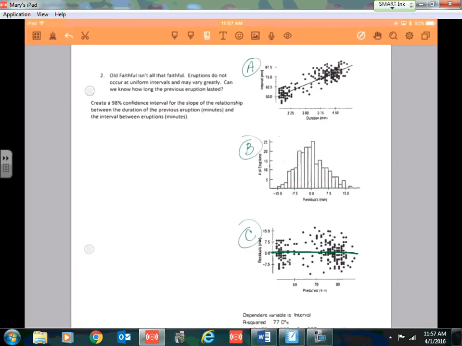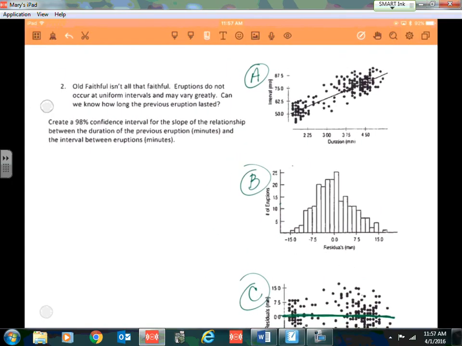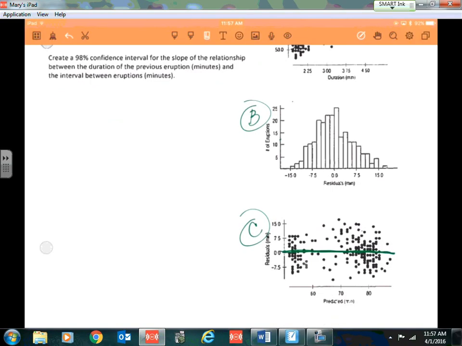So on page 21, let's just kind of look real quickly. What condition are you going to reference A for? It is a graph of x against y. Linearity, good. So A will be used for linearity. B, let's go to C. C is the residual plot, so C will be referenced for what?